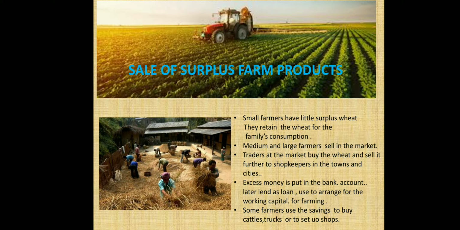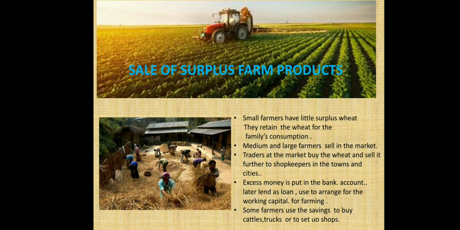Small farmers have little surplus wheat. They retain the wheat for the family's consumption. Medium and large farmers sell it in the market. Traders at the market buy the wheat and sell it further to shopkeepers in the towns and cities.